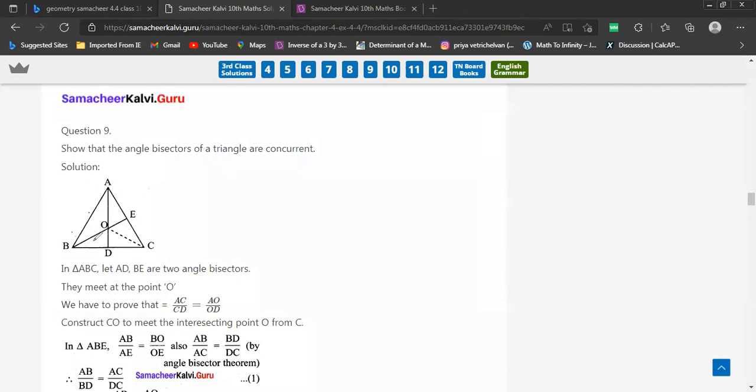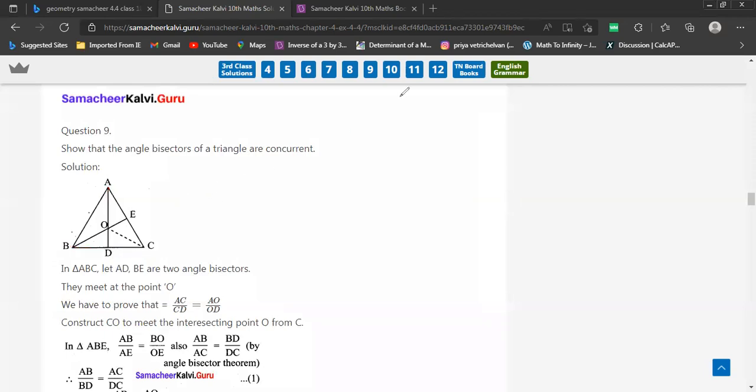So you have a triangle here, the triangle ABC, and O as the point. You have the line AD, which divides the BC into two equal halves. The first part is BD and the second part is DC. BD and DC are equal.